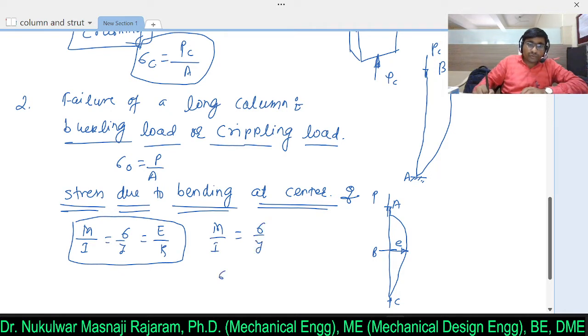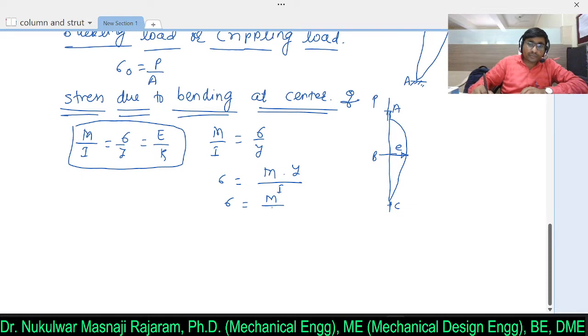From this, sigma is moment into y divided by I. So sigma equals M divided by I by y, which is moment divided by Z. Simple.